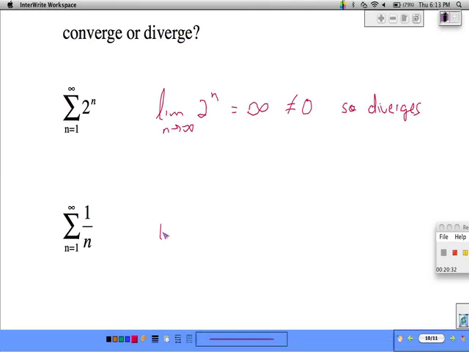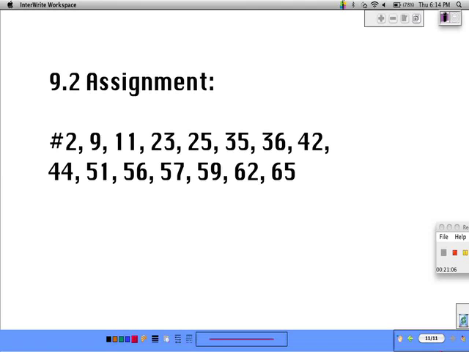In the second example, the limit as n goes to infinity of 1 over n equals 0, so it might converge, it might diverge, we don't know. This is inconclusive. This test that we had, the nth term test for divergence, is inconclusive. Since the limit equals 0, we don't know what's going on. So here are the problems that you should be working on out of 9.2.